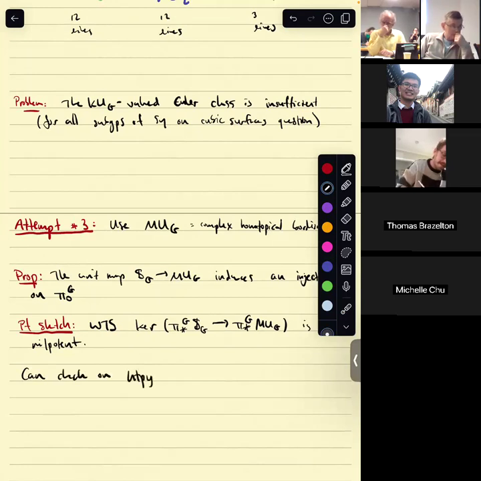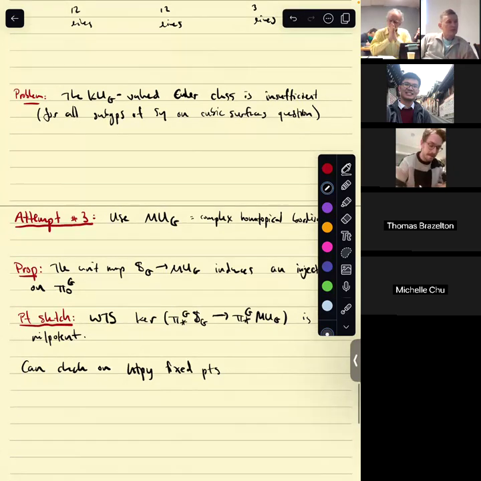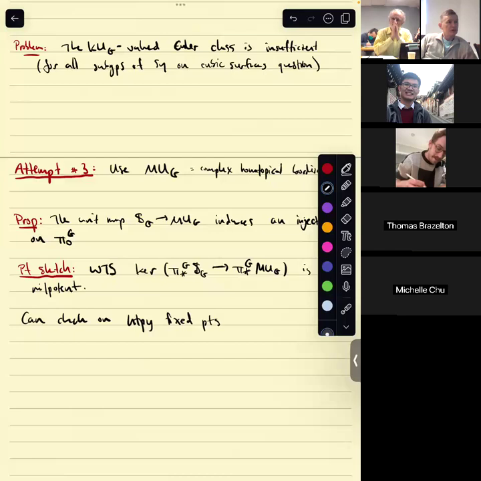One thing I noticed is that I'm allowed to check this on geometric fixed points. The reason for this is that the condition of being nilpotent is like a telescope condition, right? And geometric fixed points commutes with filtered colimits, so I can pass to geometric fixed points. This appears in a paper of Barthel, Greenlees, and Hausmann.